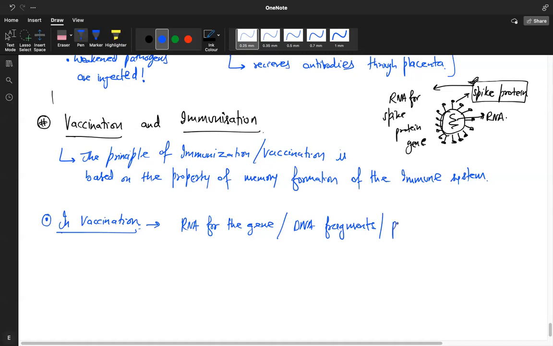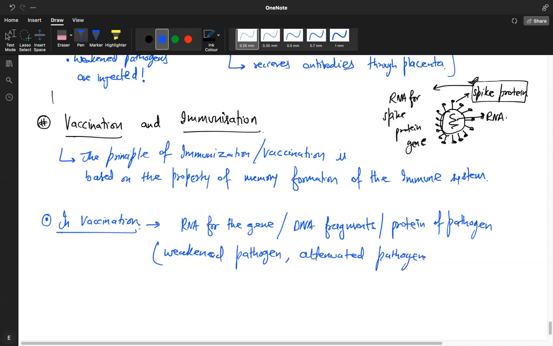Protein of the pathogen. We can use these three, or we can use the weakened pathogen itself, like it happened in the case of polio. Weakened pathogen we also call attenuated pathogen. So all these things are injected in the body.